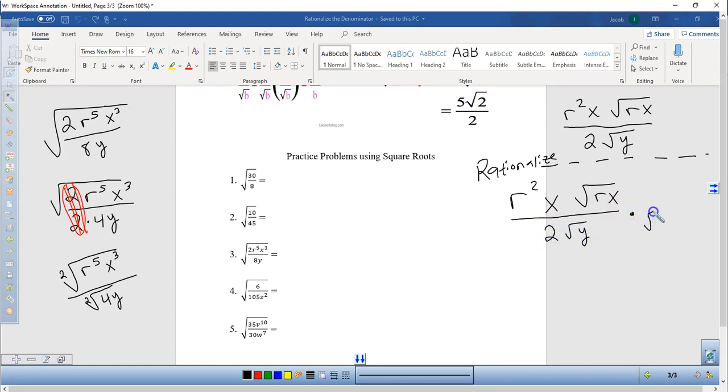So I'm going to multiply by the square root of y. By doing this, these square roots will cancel. Okay, multiplying this out, these square roots down here cancel out, leaving me just a letter y. And these multiply together, and we just write them as a list under the radical.